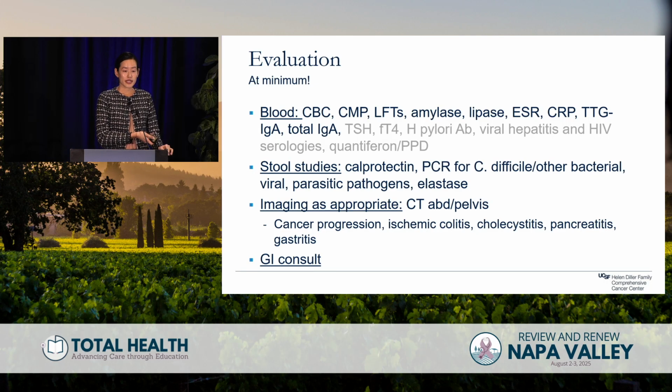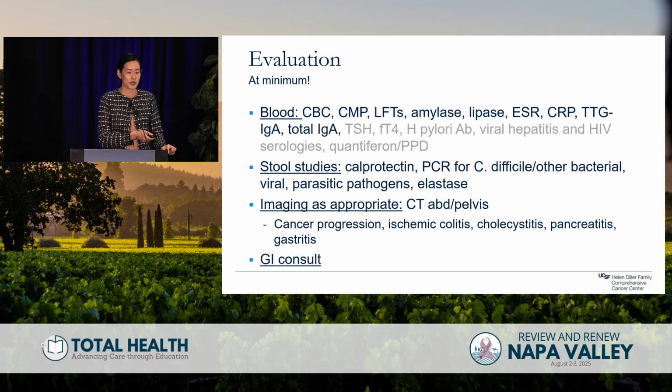In terms of stool studies, fecal calprotectin, so this is a calcium binding protein that is derived from white blood cells and correlates with the GI inflammation. This has been a useful way of quantifying the amount of GI mucosal inflammation that can be tracked over time. And certainly also checking for pancreatic insufficiency via fecal elastase, and doing due diligence with infectious workup is of course important as well.